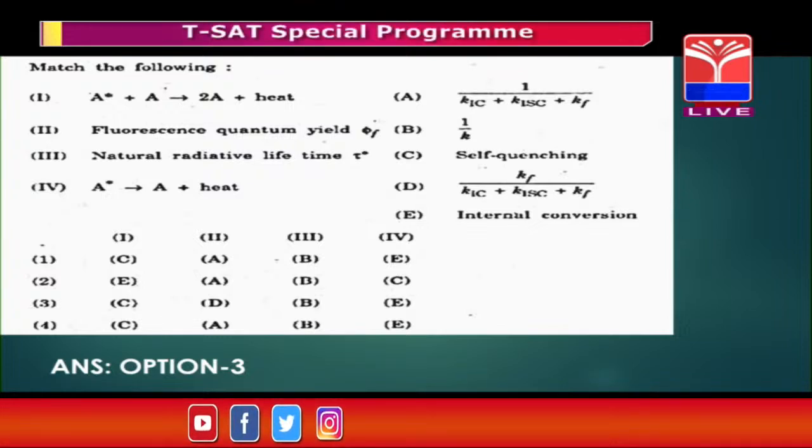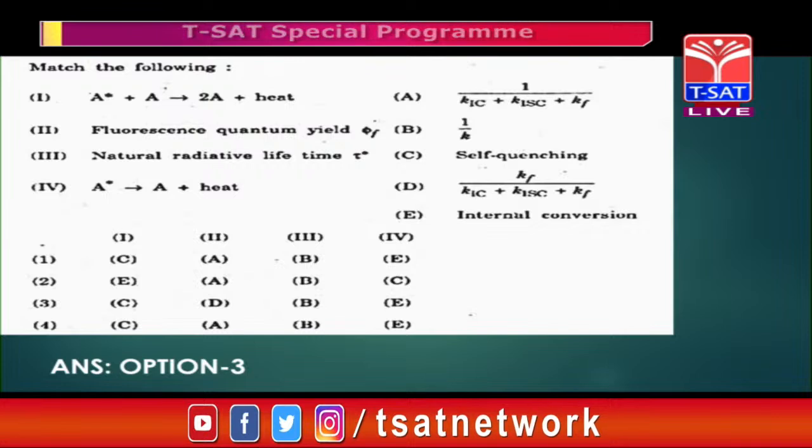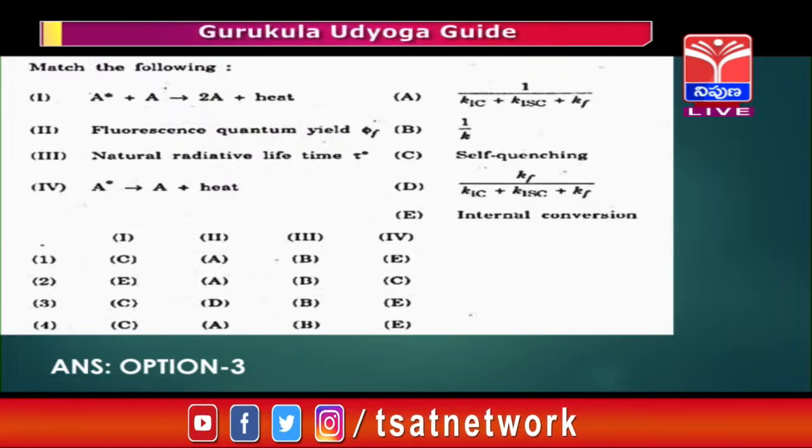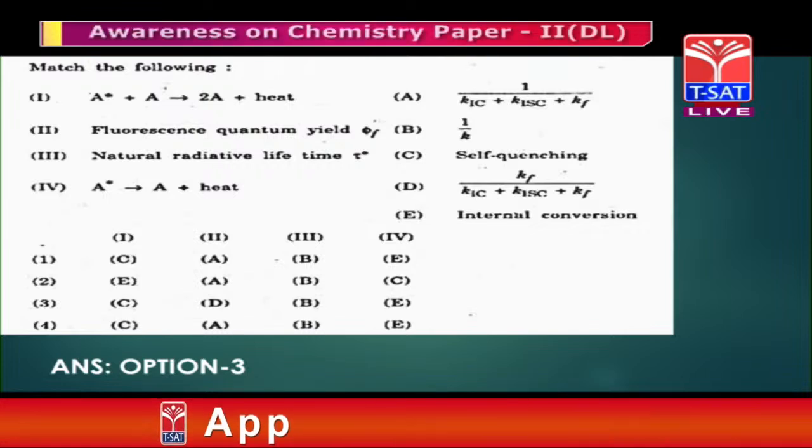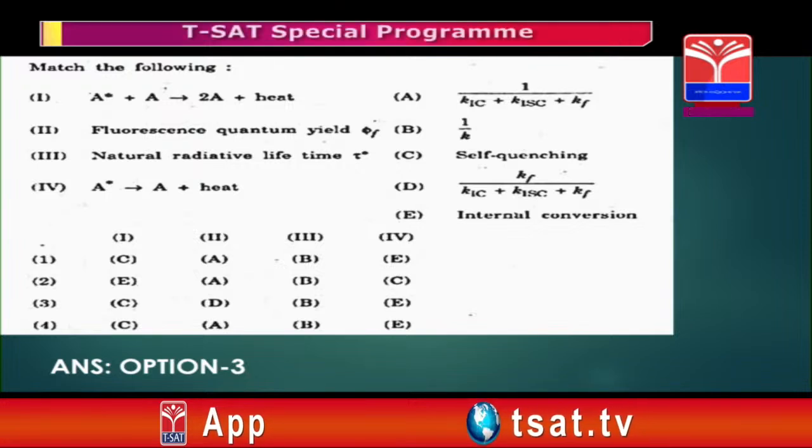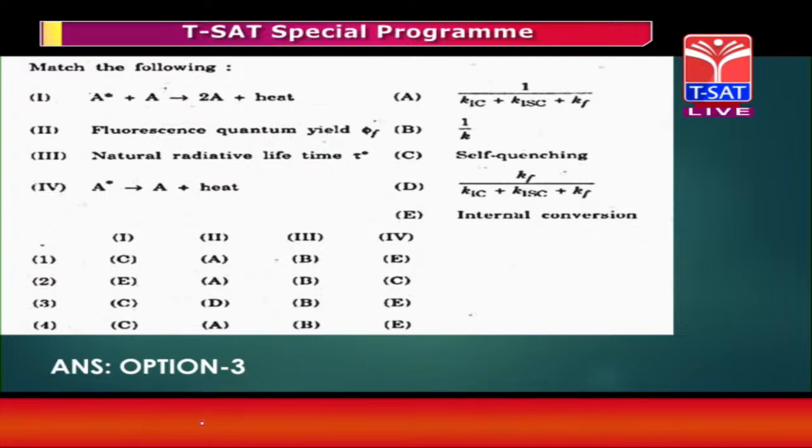See this question. Let us go to the first option, A star plus A gives 2A. What is this process? We have to know about quenching. Quenching means lowering the intensity of fluorescence of a sample molecule.